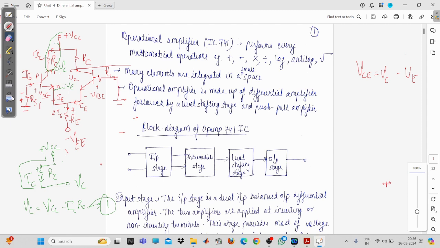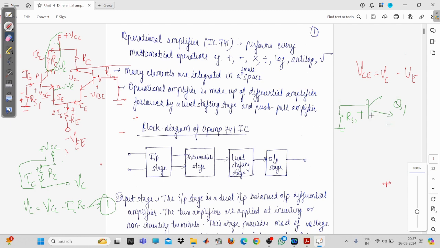You have two options: either traverse the path like this or like this. This is much more feasible for us. Just have a look at my drawing. RS1 I have drawn. First it is ground, then this is the transistor, the first transistor which we have taken.